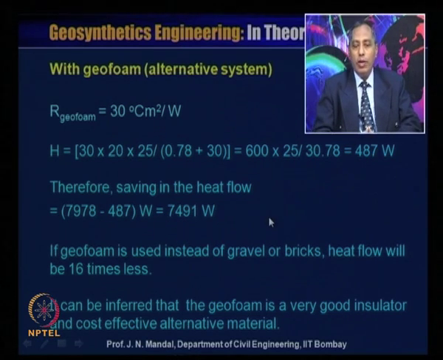So if the geofoam is used instead of the gravel or the brick, heat flow will be 16 times less. So you can save the energy, you can save the heat. It can be inferred that geofoam is a very good insulator and a cost effective alternative material.